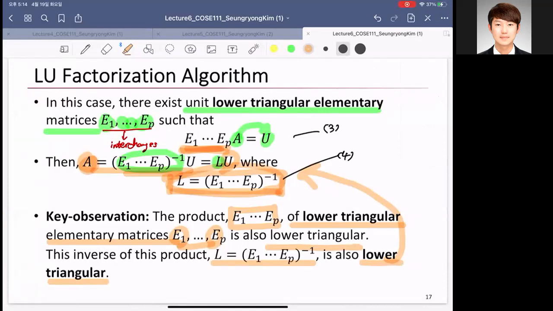L to I. Right. Then, what does it mean? By just multiplying this one, 그렇죠?